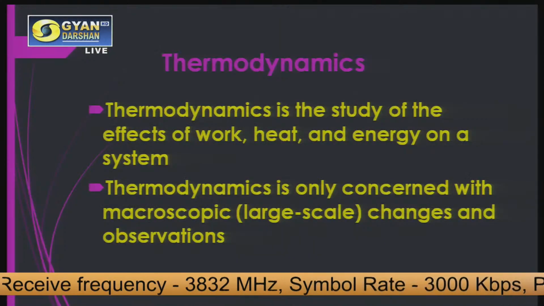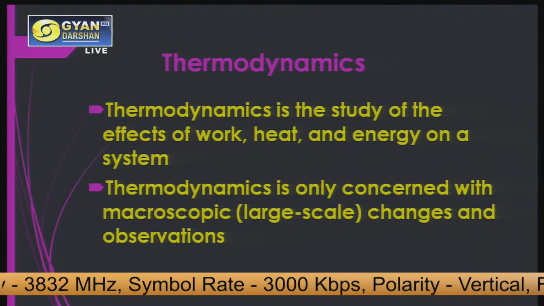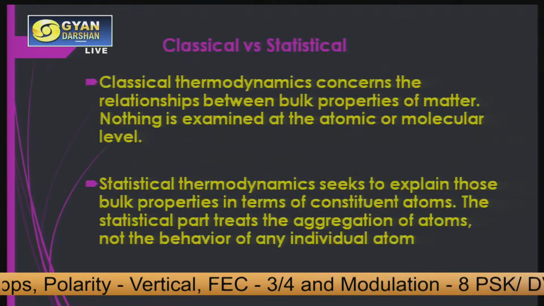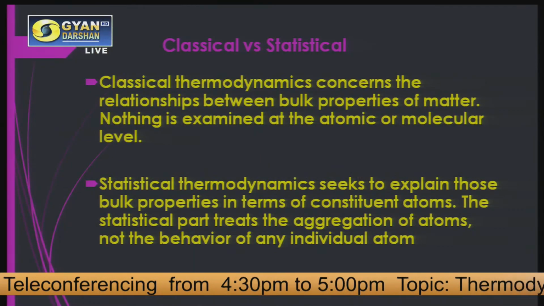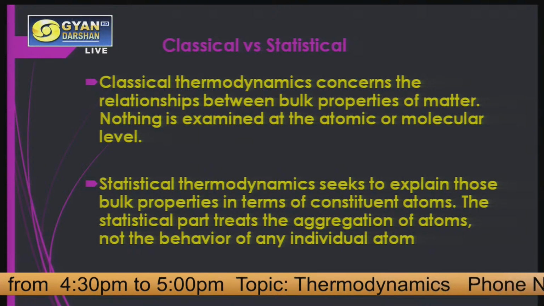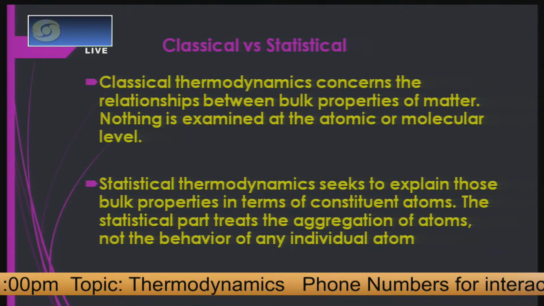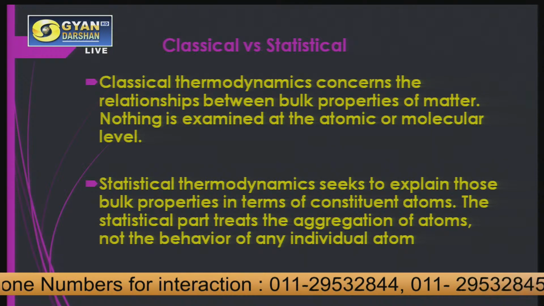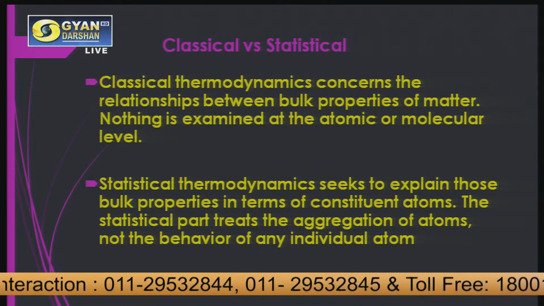Now there are two kinds of thermodynamics. Generally in thermodynamics we deal with macroscopic changes and observations. We don't go for the atomic level study, but when we study the thermodynamics of atoms or molecules, at the microscopic level, we call it statistical thermodynamics, because here the bulk properties are in terms of constituent atoms and we treat them as an aggregation of atoms, not the behavior of any individual atom.